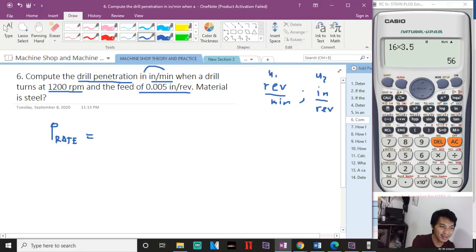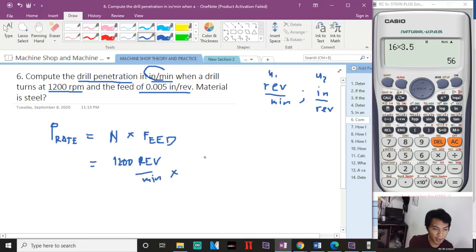Oy, may nakuha ako, di ba? May kamukha. Ayan. So, ang gagawin ko, i-multiply ko na lang si RPM or si N times the feed. Di ba? Ang kailangan mo lang is unit cancellation. So, this will be 1,200 revolutions per minute multiplied by the feed rate, which is 0.005 inch per rev.